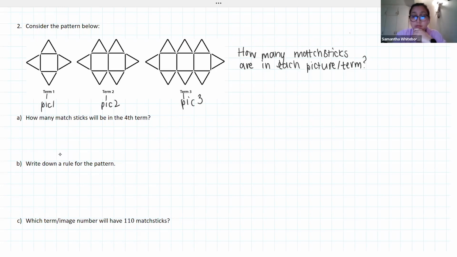Okay, I'm going to give you 1 more minute to count. If you know how many are in each picture, see if you can figure out what the pattern is.